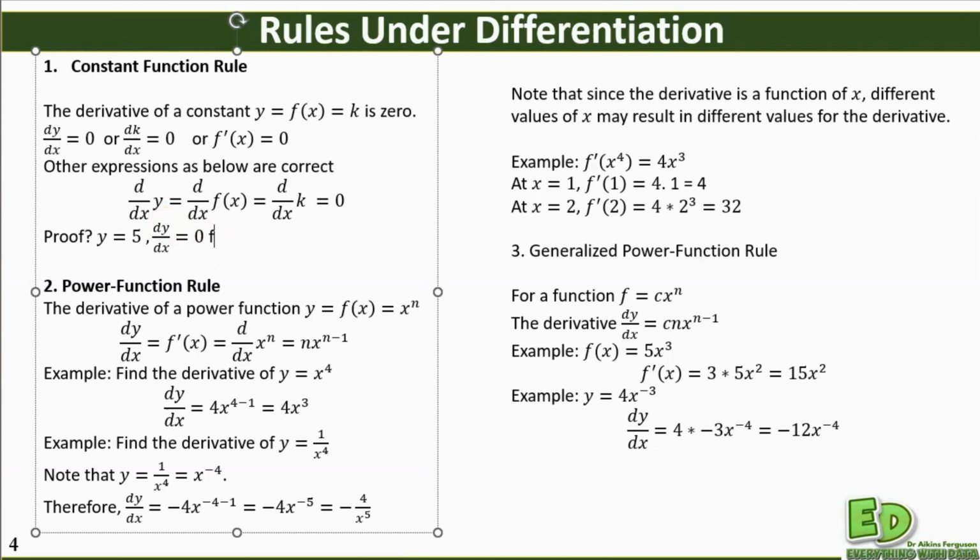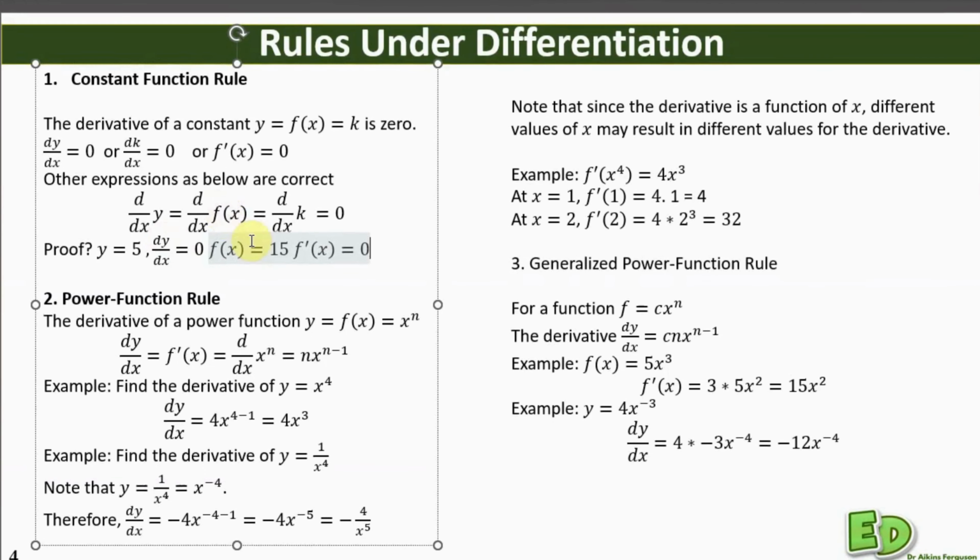So if you are given f of x is equal to 15, then we would say that f prime of x is equal to what? 0, right?